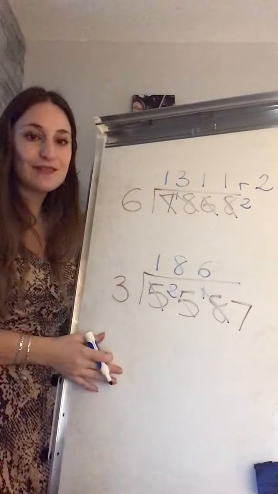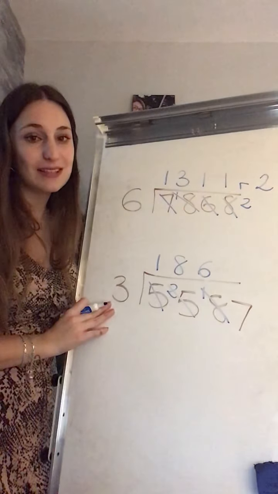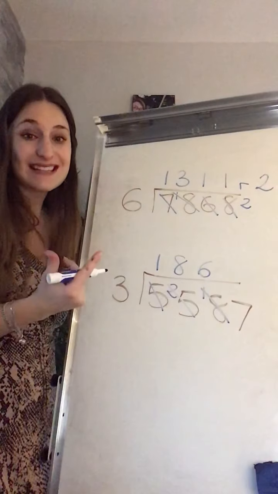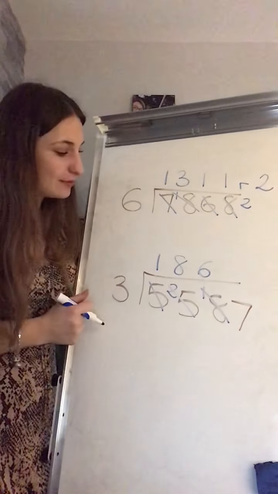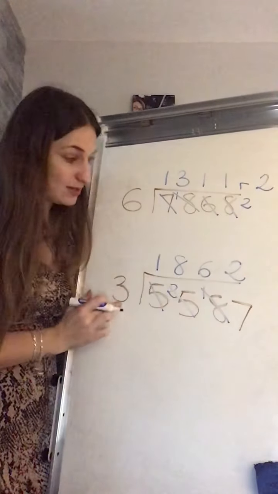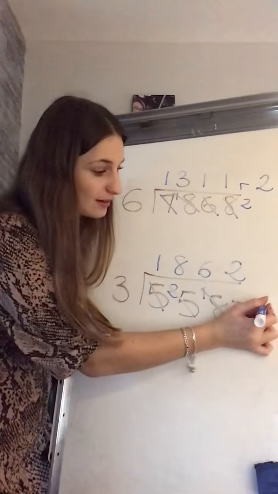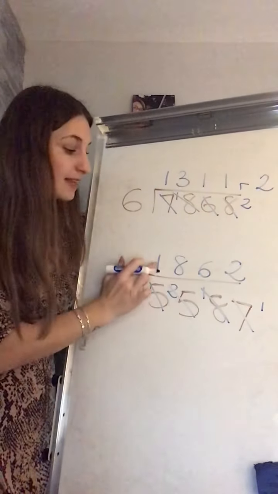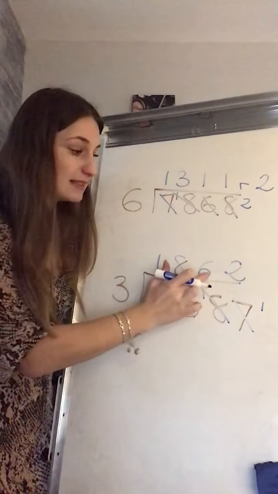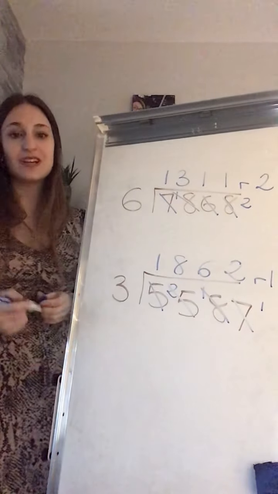And I got 7. 7 divided by 3, well, there's not a 7 on my 3 timetable. 3, 6, 9. So it jumps from 6 to 9, so I need to choose 6. 2 times 3 is 6. 6, 7, 1. So my answer is 1,862, remainder of 1. Okay?